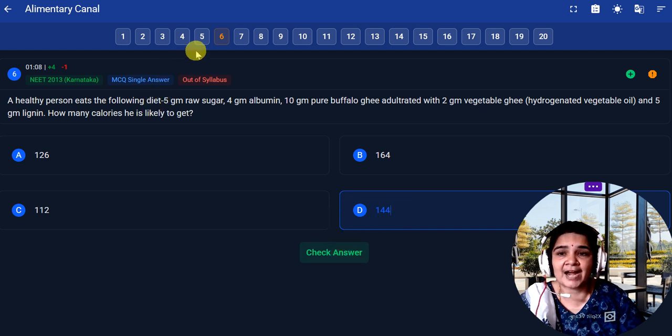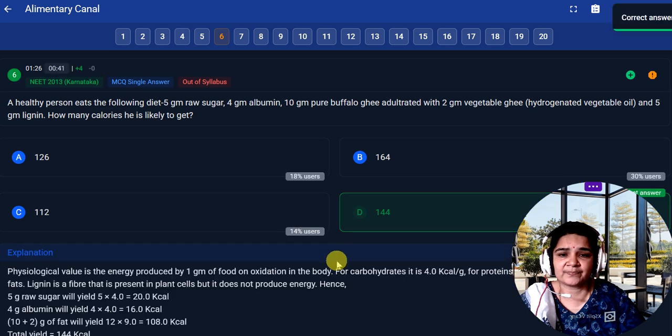We have to remember how many calories each substance will be liberating. And lignin is a substance which will be converted into fiber. It will not yield any calories. So the total will be 144.